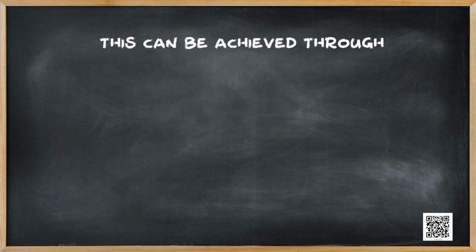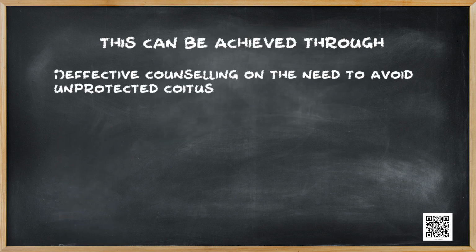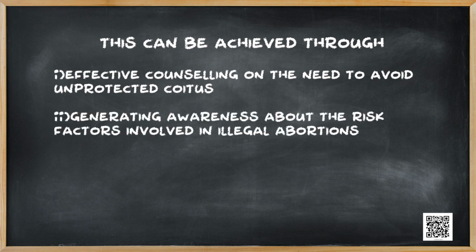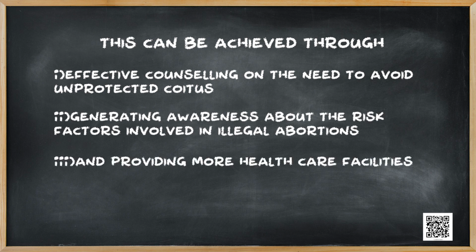This can be achieved through effective counseling on the need to avoid unprotected coitus, through generating awareness about the risk factors involved in illegal abortions, and through providing more and better health care facilities.